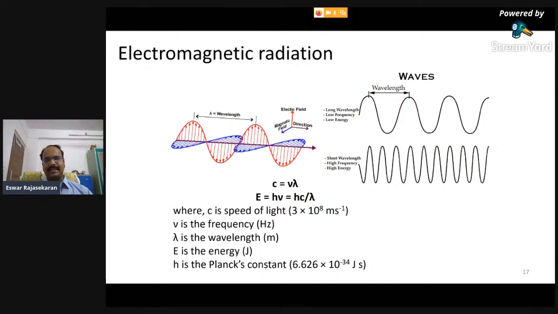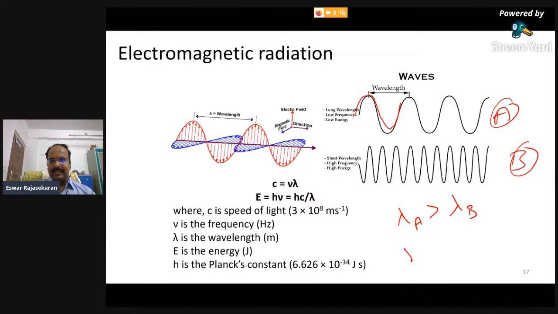A longer wavelength means that for each wave to complete one cycle, it will travel a really long distance. Say here if I label it as wave A and wave B, wave A has a longer wavelength than wave B. Similarly, wave A has a lower frequency than wave B here. Frequency is the number of cycles in a unit time. Wavelength is the distance covered by a wave to complete one full cycle.